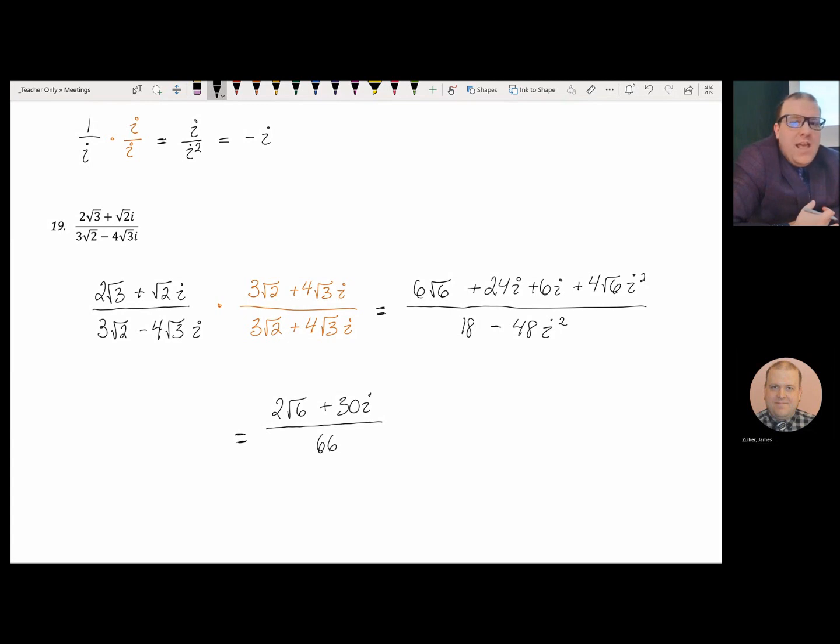Remember, root A plus root B is not root of A plus B. But since that root 6 is common, they get absorbed together. If that was root 7 instead, you couldn't simplify that. You're not allowed to add across square roots.